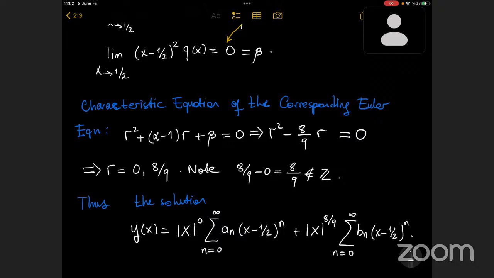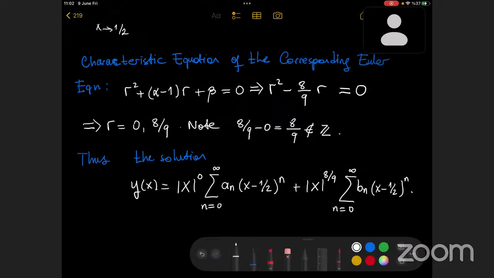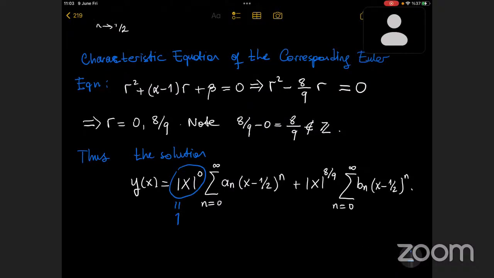Değil mi? Genel çözümümüz bu formda. x to the 0'yu 1 alıyoruz tabii bu. So this is nothing but 1. Okay.